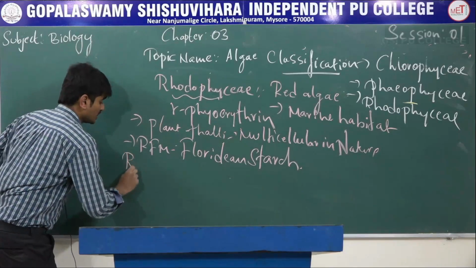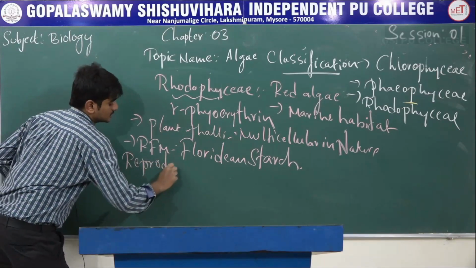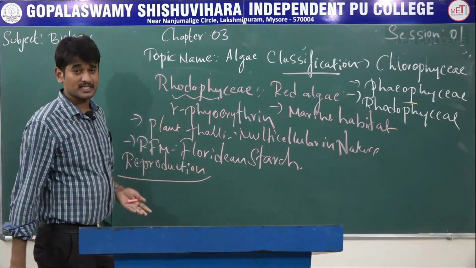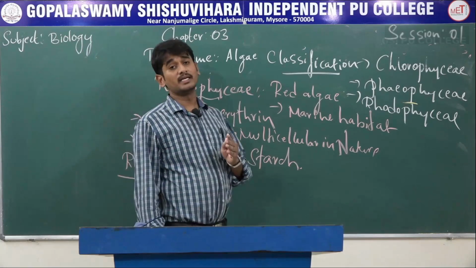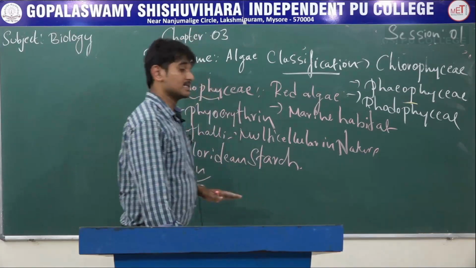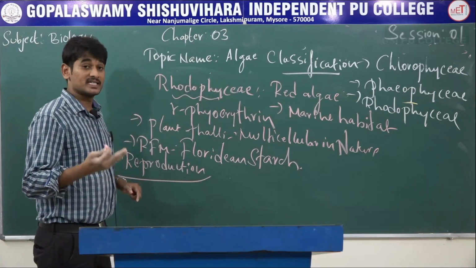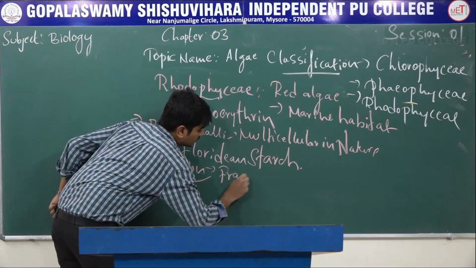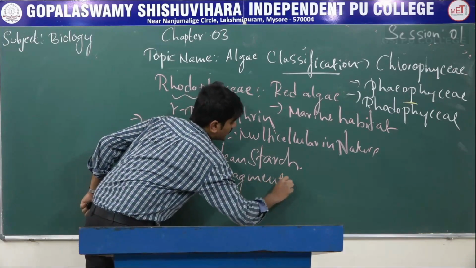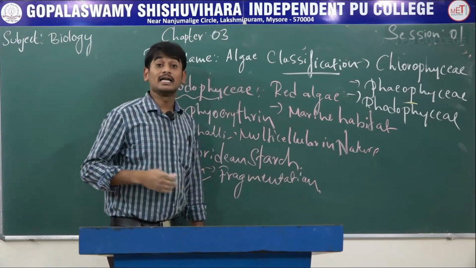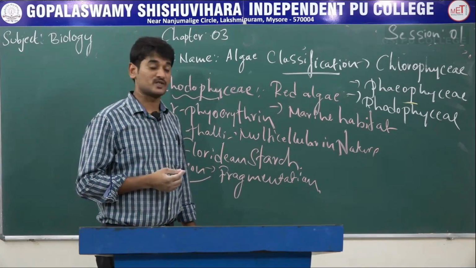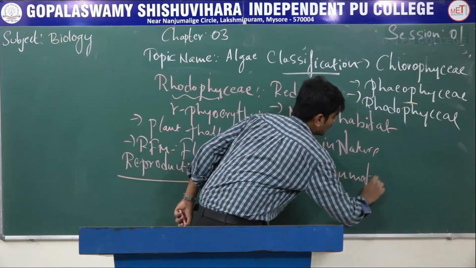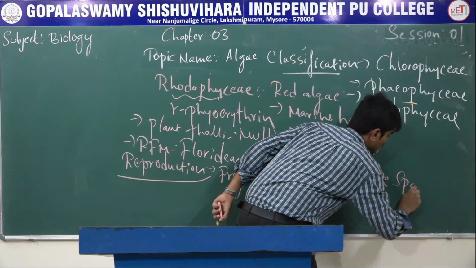And reproduction in Rhodophyceae takes place by vegetative, asexual and sexual methods. Vegetative reproduction takes place by fragmentation, and asexual reproduction takes place by non-motile spores.